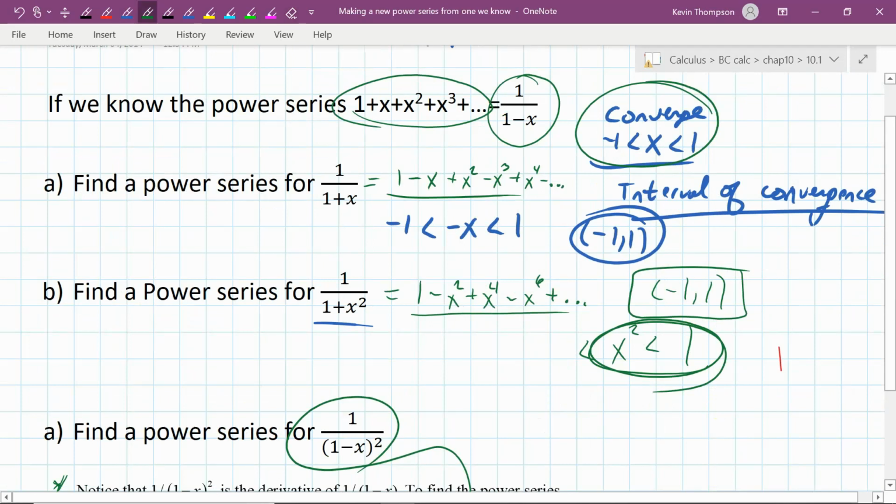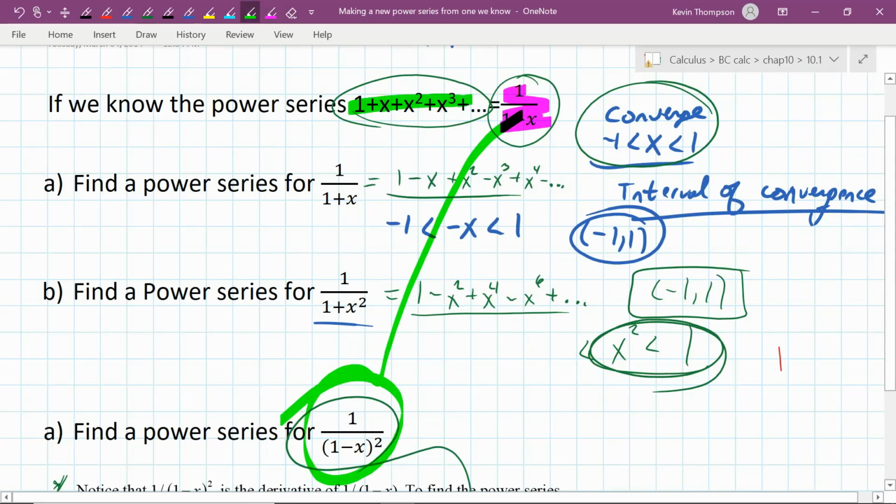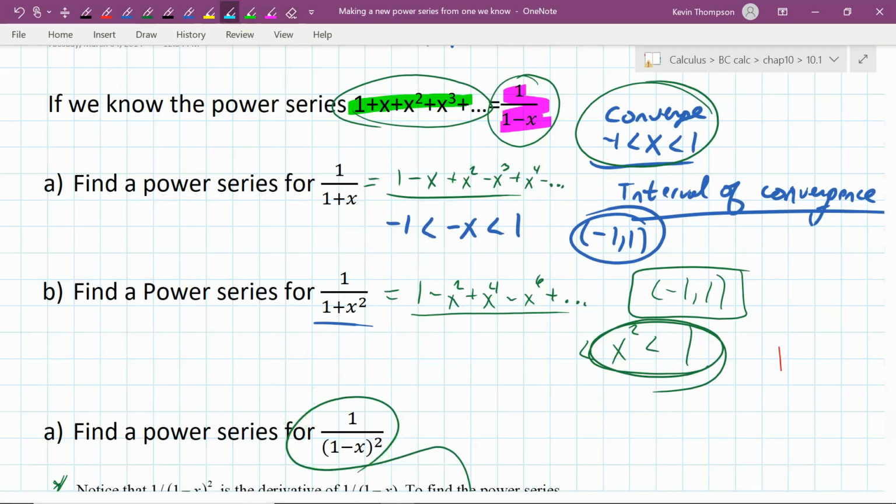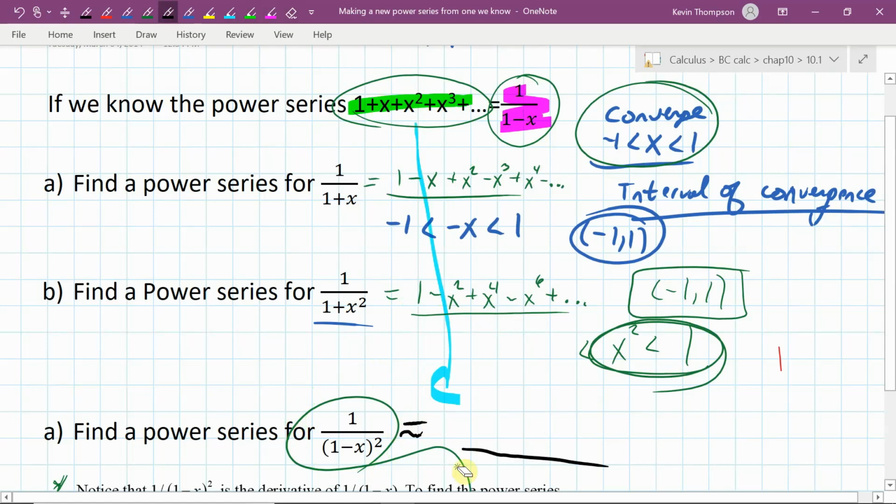If these two functions, if the pink is the same as the green, shouldn't the derivative of the pink be the derivative of the green? And if the derivative of the pink is that, then what are you going to write here that it must be equal to?